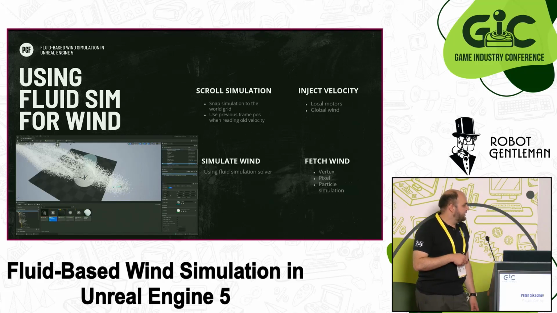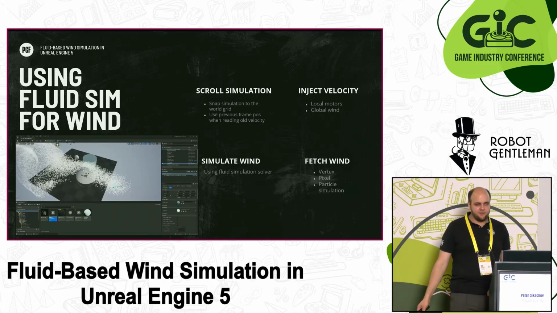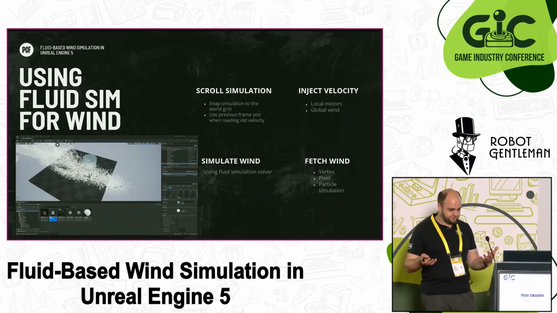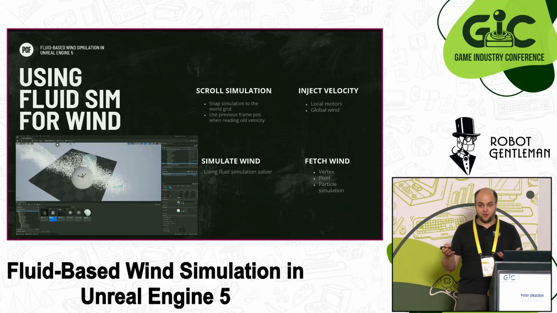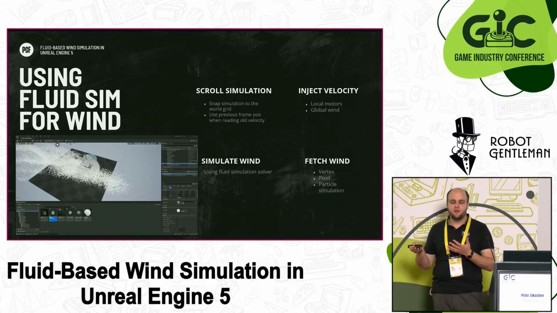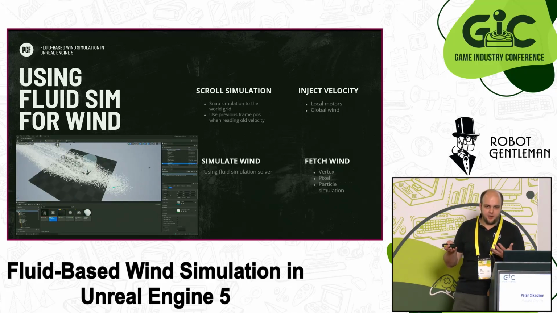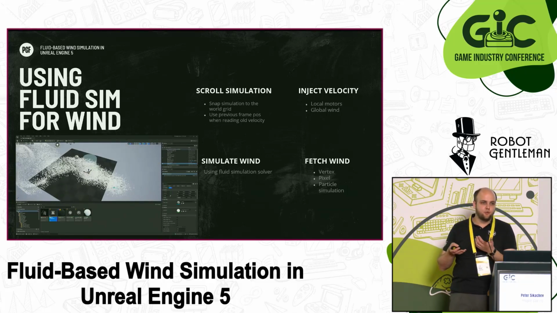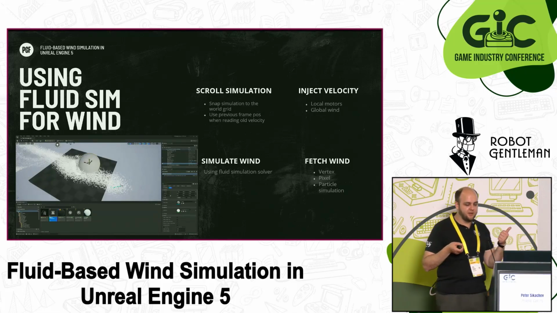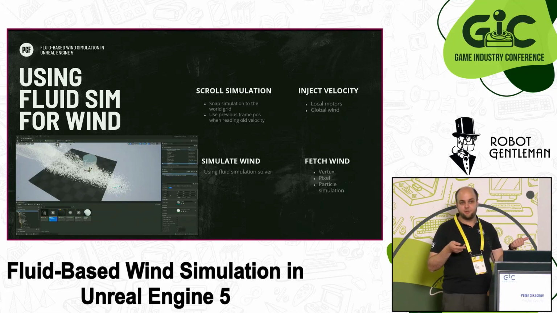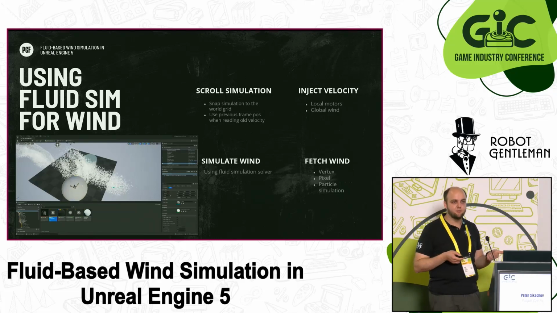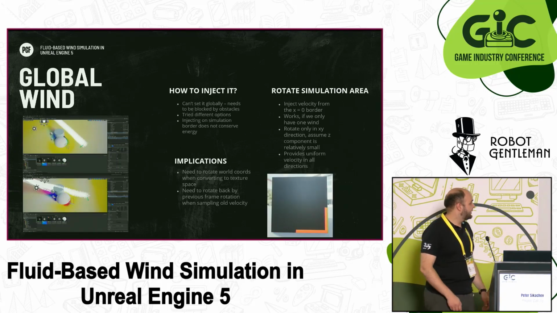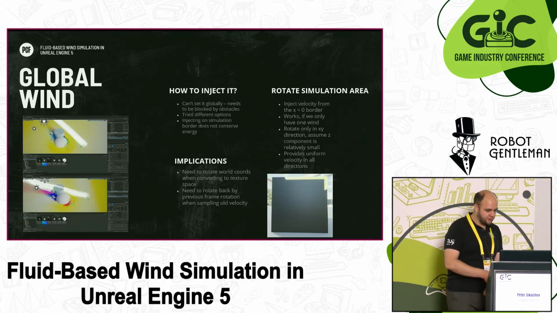Finally, after you did this simulation, you end up with a velocity field, and then you want to fetch and use your wind wherever you want, and those places are typically the vertex shader, pixel shader, or the simulation shader for particles. And now let's talk about global wind.